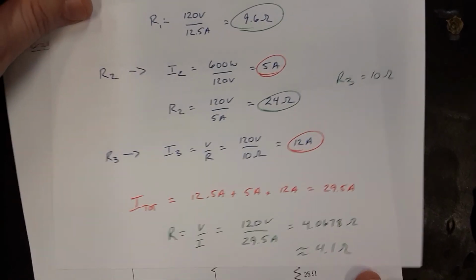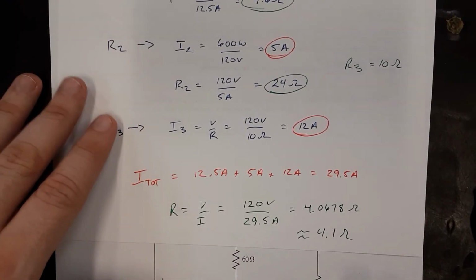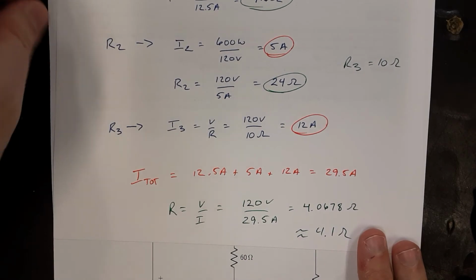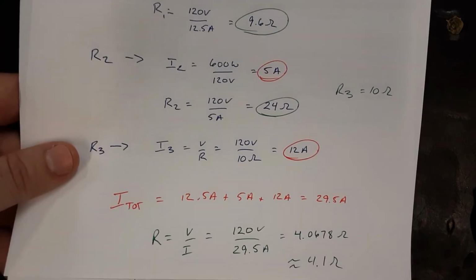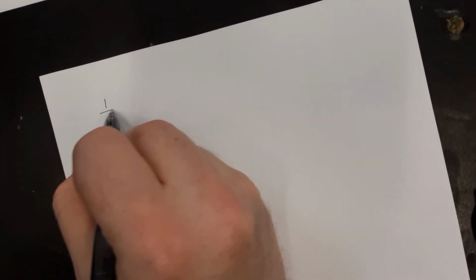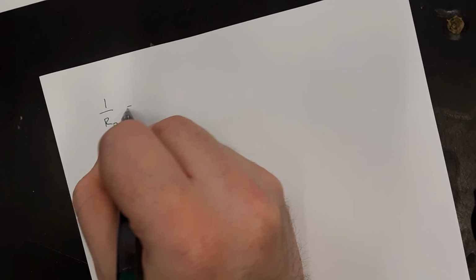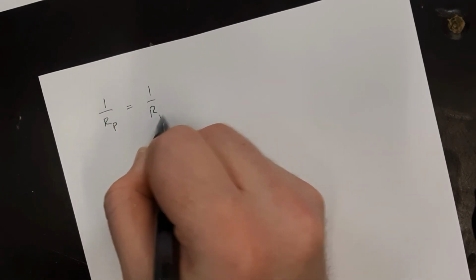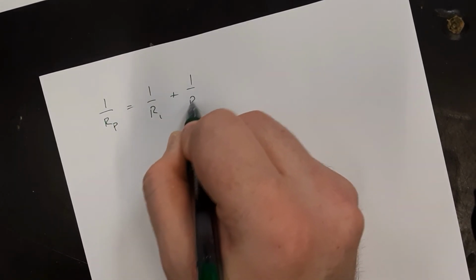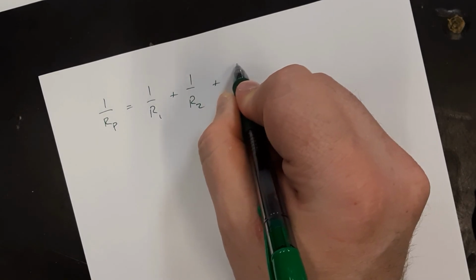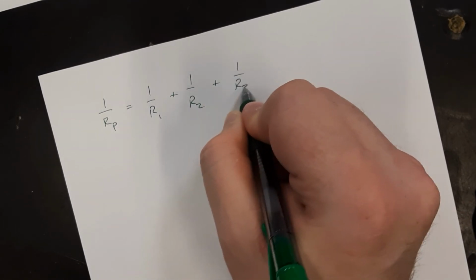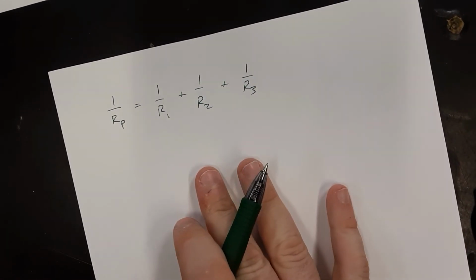All right. So I'm also going to run this calculation using the parallel resistance rule. If you remember, the parallel resistance is 1 over R1 plus 1 over R2 plus 1 over R3, and that's our 3 terms.